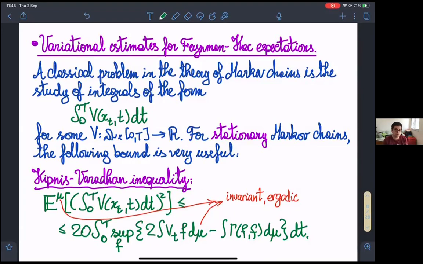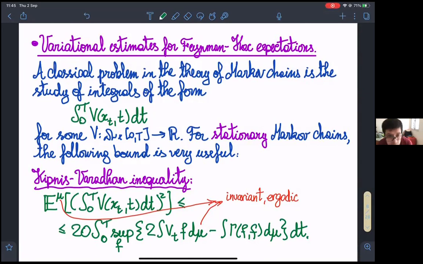It can be shown that if the function v does not depend on time, then Birkhoff's theorem holds and it converges to its mean. When you normalize, it satisfies a CLT, and the variance is actually twice this dual norm.